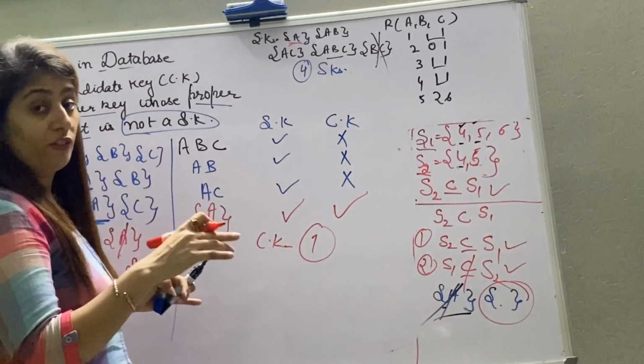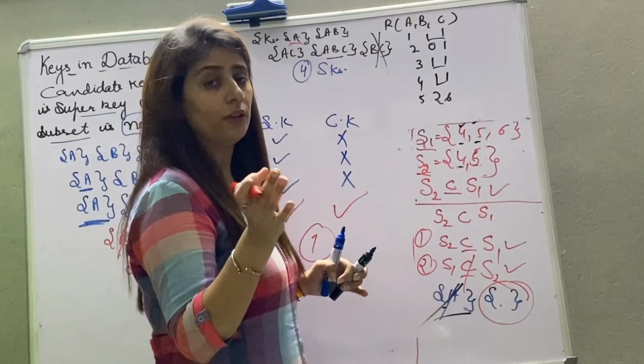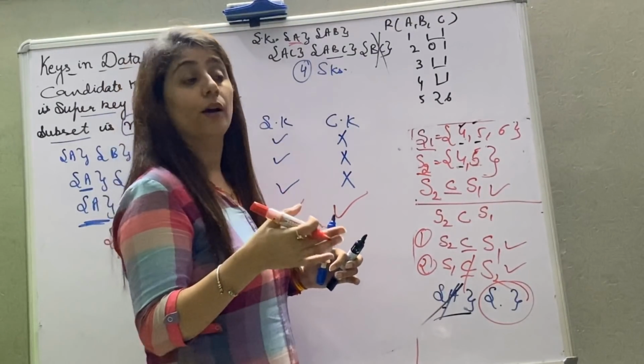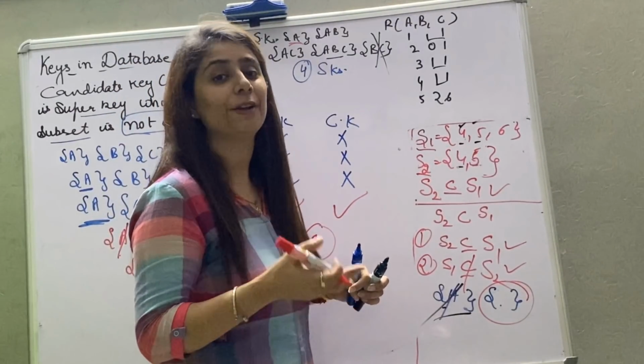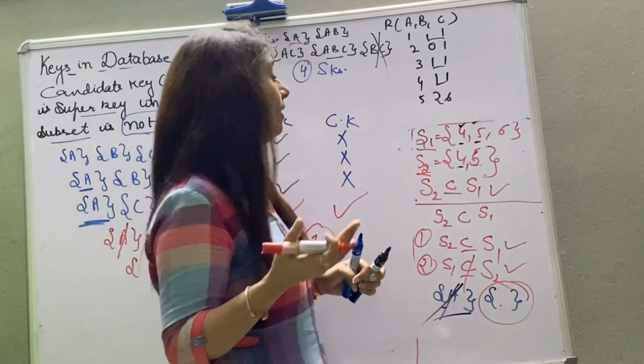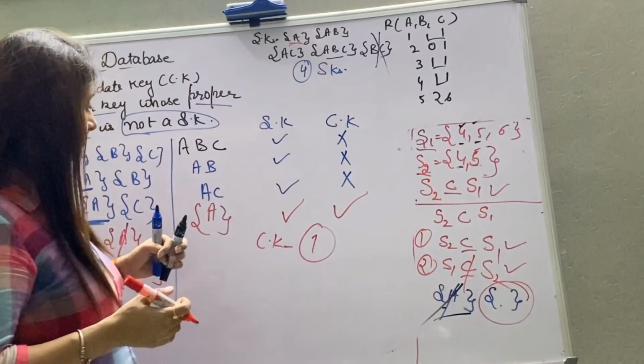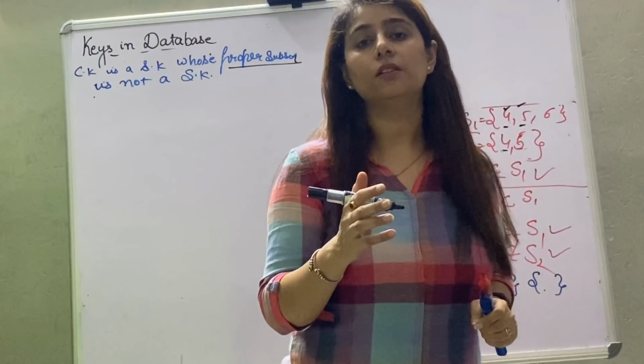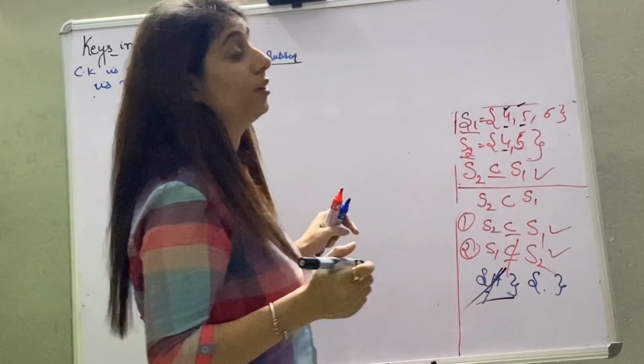We will move forward with one more relation and understand more. I hope your doubts will be clearer with the help of another example. Let's understand again with a new relation.